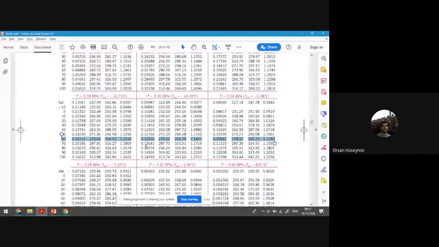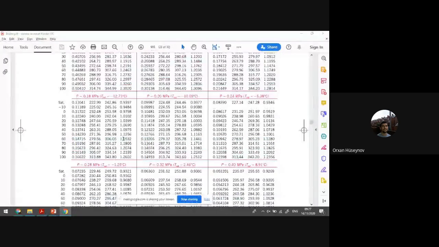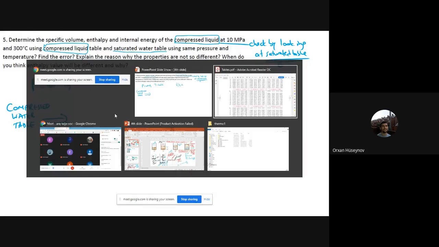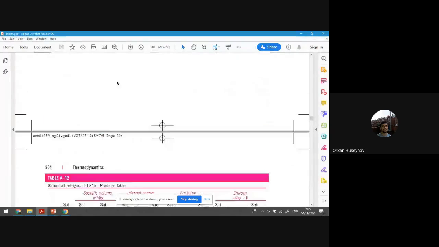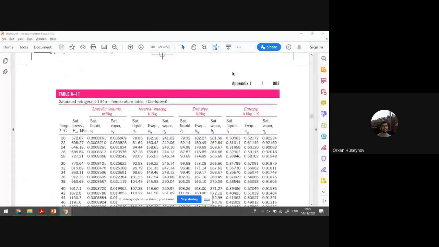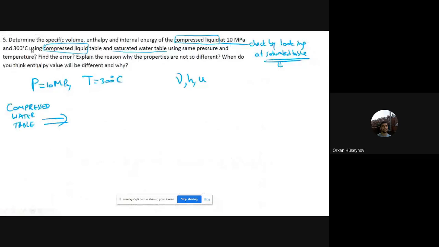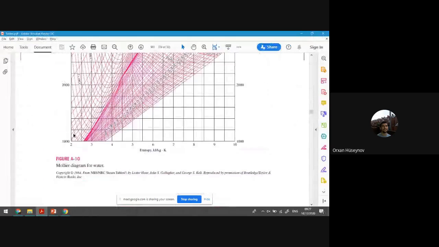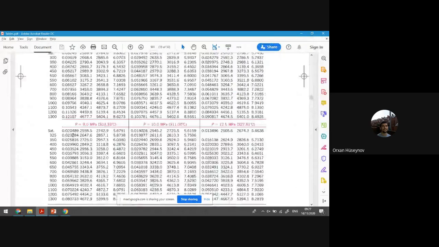Firstly, if you can check it, actually is it compressed or not. I can move on to any saturated water table with respect to temperature or pressure. So I will use the temperature value here, which is 300 degrees Celsius, and I'm going to saturated water. So it is about A4 and A5.